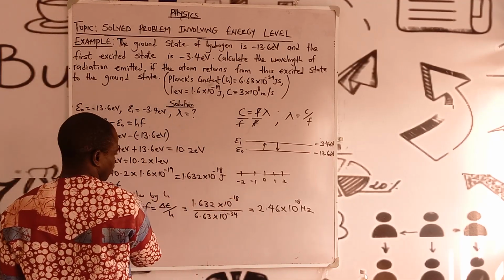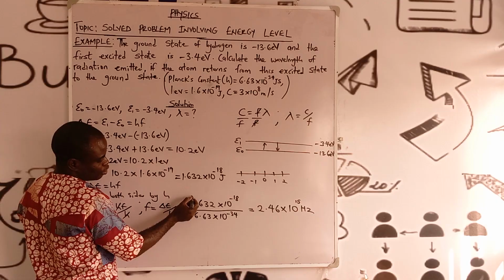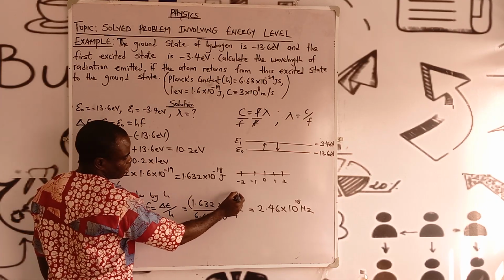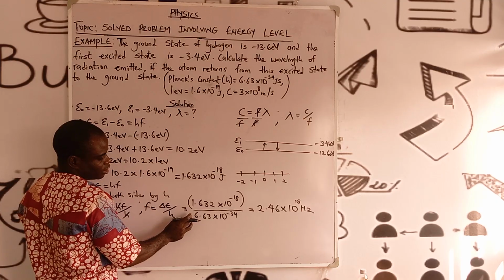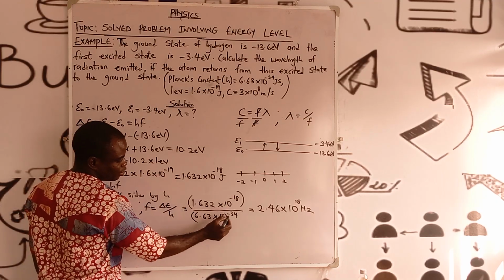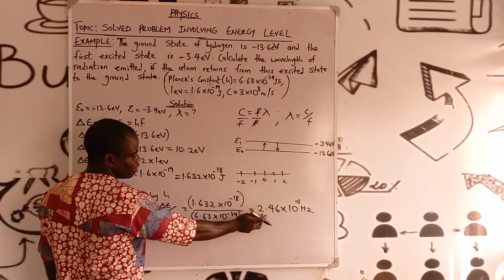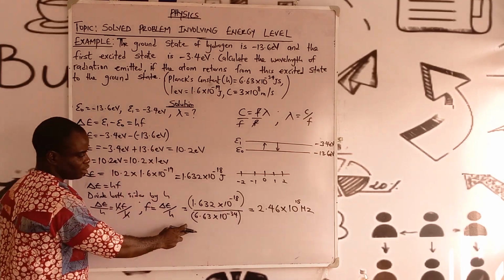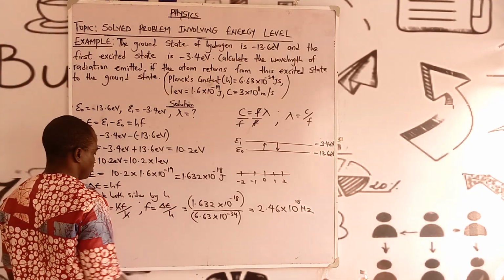The unit of frequency is hertz. When you are pressing your calculator, put the one in the numerator in brackets before dividing it. You just press division and divide by the denominator, also in brackets, so that it divides directly and gives you the answer. The bracket is very important so that it takes everything together to divide the numerator.